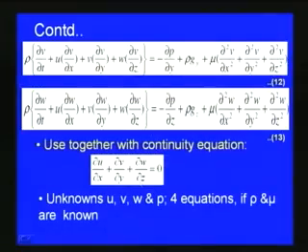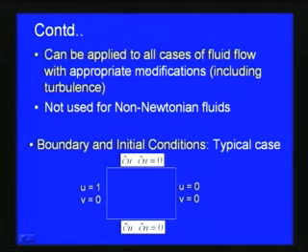So, here these are the equations in 3D. We have 3 equations of motion called the Navier-Stokes equations and the continuity equation. Here we assume that the density and the coefficient of viscosity mu are known, and then we try to solve these equations. As we discussed earlier, the Navier-Stokes equations are the generalized equations for viscous flows.